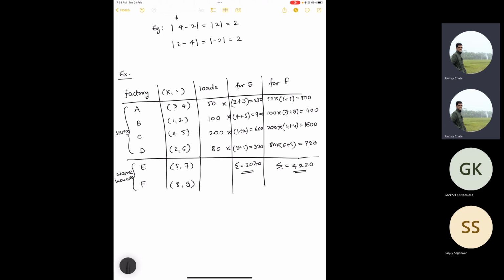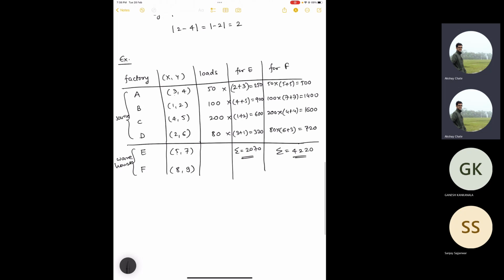You can do this simple exercise on your own. If you plot these XY points on a graph paper, manually or online nowadays, you'll realize that these A, B, C, D factories are located like this. I'm not doing it exactly, I'm just giving you the broad idea. So E will be here and roughly F will be here. That's why the load distance product summation is higher for F, almost 2 times.